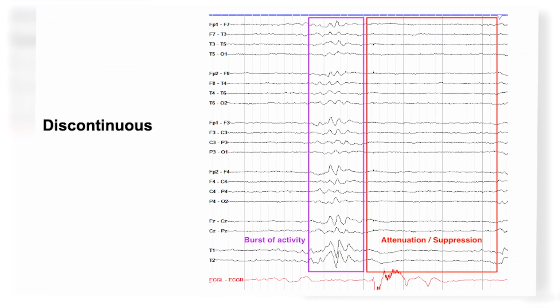So we have this burst activity, and then we have attenuation and suppression. Again, we should not see these types of bursts of activity in a healthy brain. Yes, we have certain times when certain areas are synchronized and when other areas aren't synchronized. But as long as, from second to second, there is a shift.